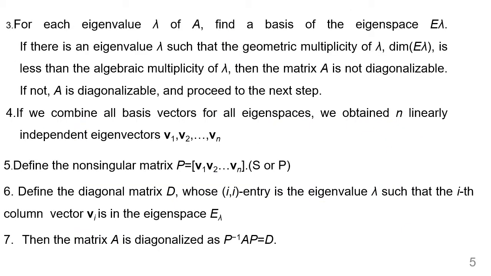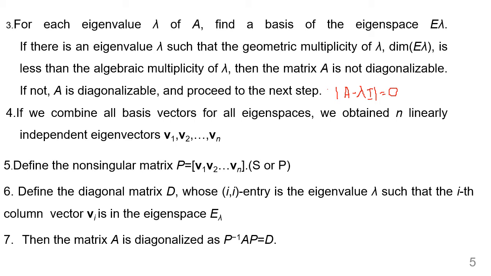We need to compute the eigenvalues using the characteristic equation given by determinant of A minus lambda I equal to 0. And we need to find for each eigenvalue its algebraic and geometric multiplicity. And if geometric multiplicity for each eigenvalue is less than that of the algebraic multiplicity, then the matrix is not diagonalizable.